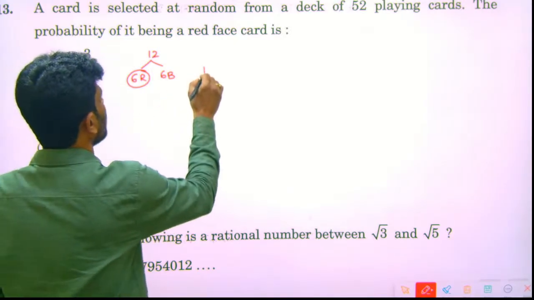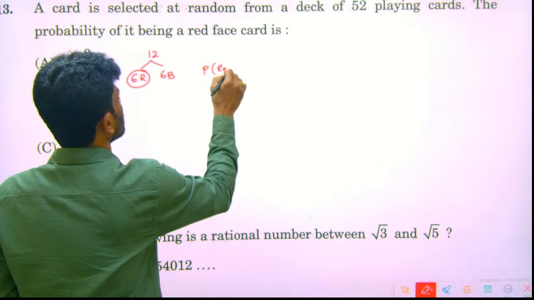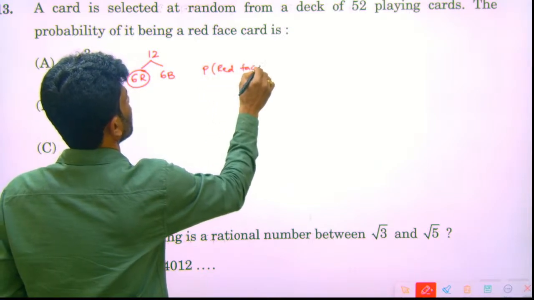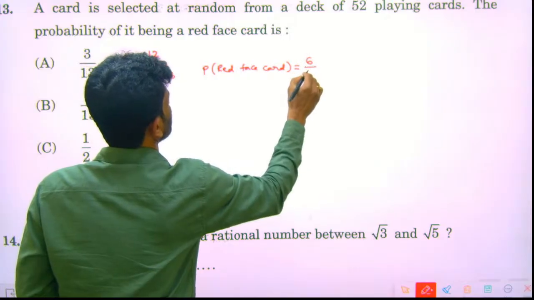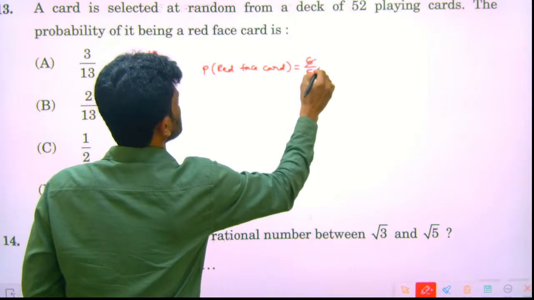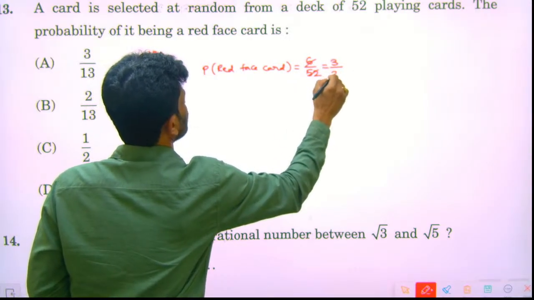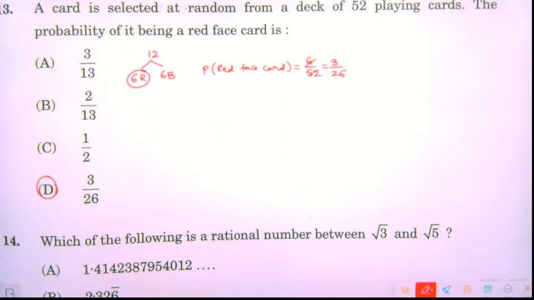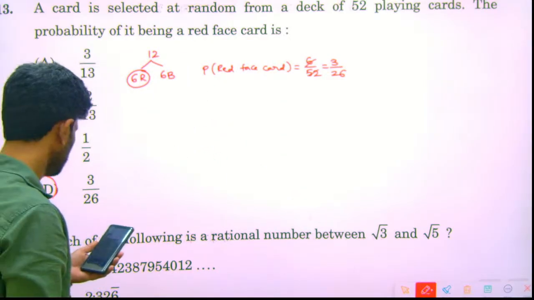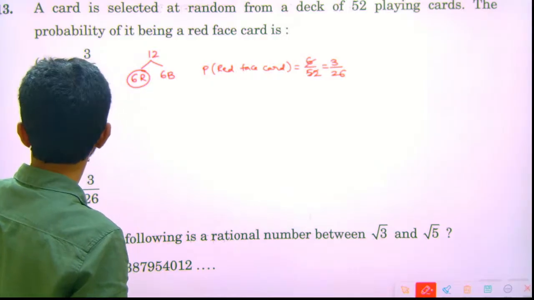So the probability of a red face card is 6 by total 52. After cancellation it is 3 by 26. So option D is correct. Question number 13, option D is correct.